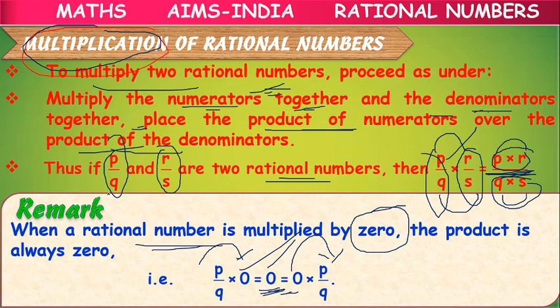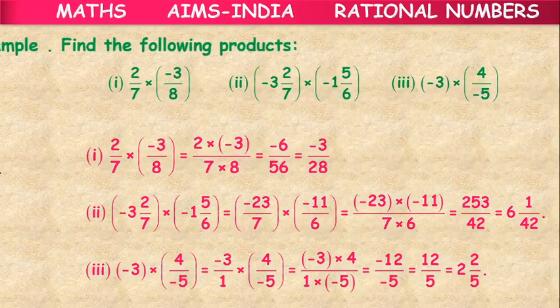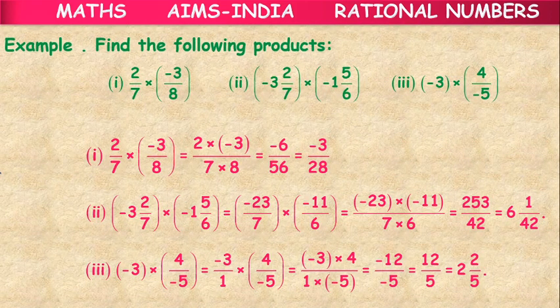We have to note this separately. So multiplication by 0 always results in 0. Let's see some examples. Let's find some products, applying the steps which we learned in the earlier slide.